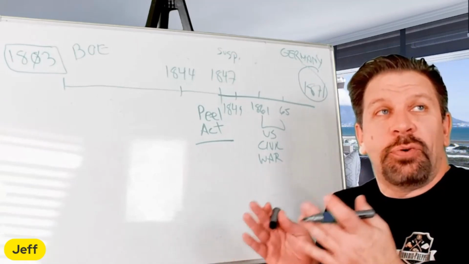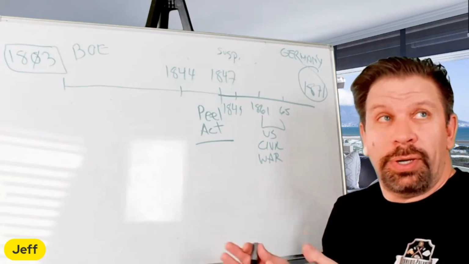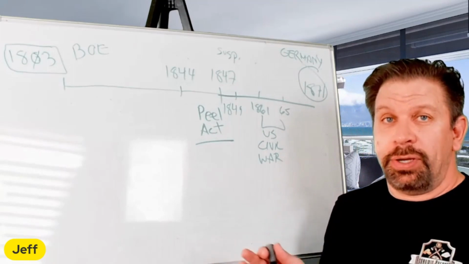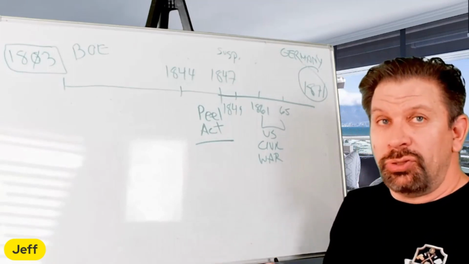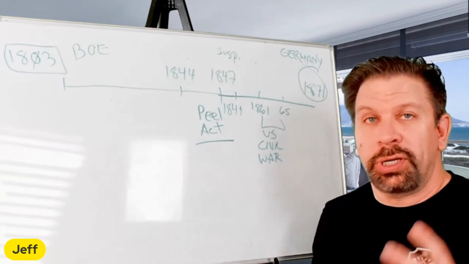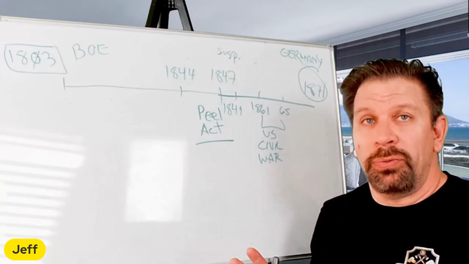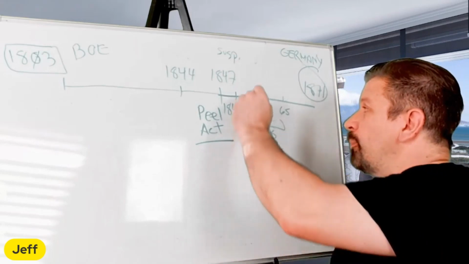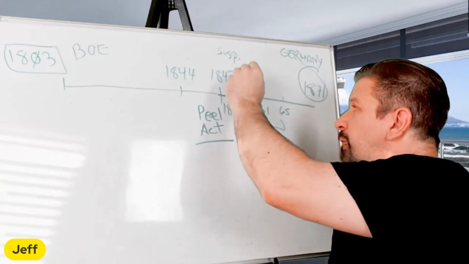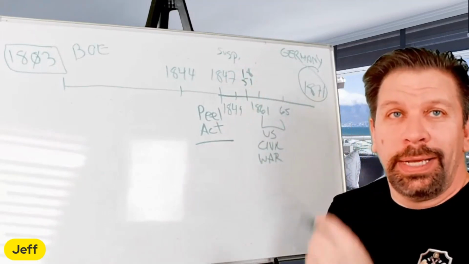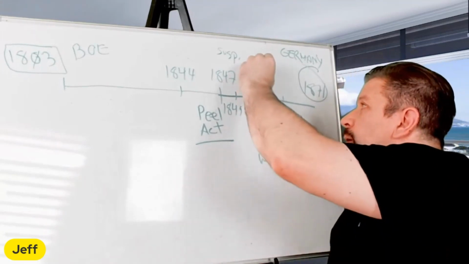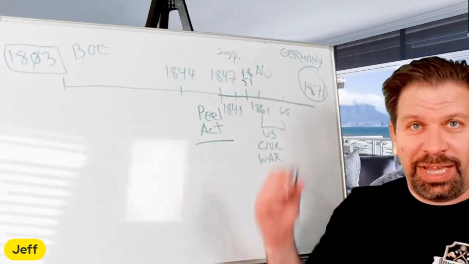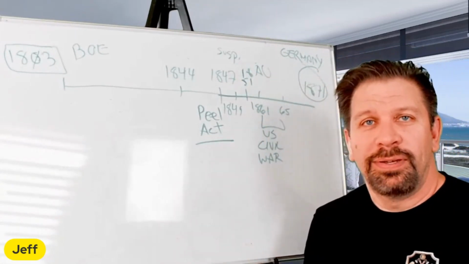But the California gold rush happened, and also in Australia in the 1850s there was a gold rush. We don't talk much about Australia, but they were a British colony too. So now you have two former British colonies that are gaining a ton of wealth by discovering gold. The United States, and two years later, in 1851, Australia had a gold rush.